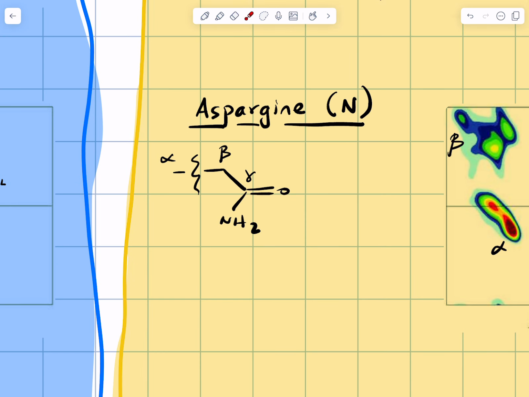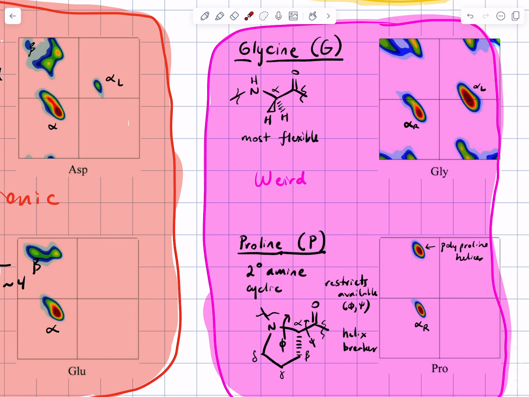Lastly, in this last category, I have the two weird ones, and they're weird for reasons we've already discussed. Glycine, one-letter code G, doesn't have a side chain, so it's way more flexible than the other amino acids, and can totally populate areas of the Ramachandran plot on positive values for phi. Glycine, because it's so flexible, often doesn't work well in helices. It introduces too much flexibility in the backbone, and so glycine will often break helices.